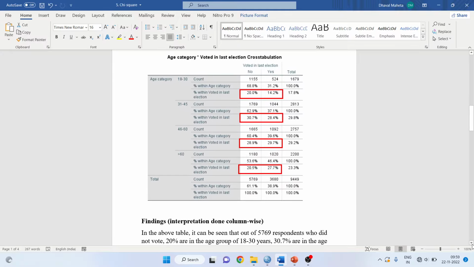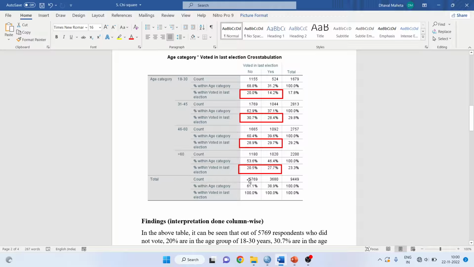Now you will get this type of table. The interpretation can be done column wise like this way or row wise. It's completely the prerogative of the researcher how he wants to interpret, the column wise or row wise. We will interpret both the ways. First, let us see column wise.